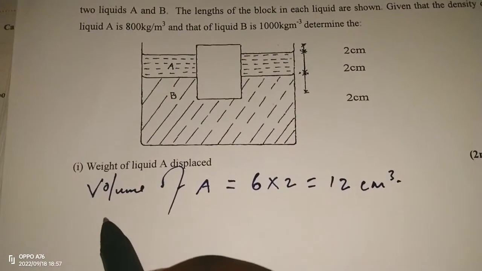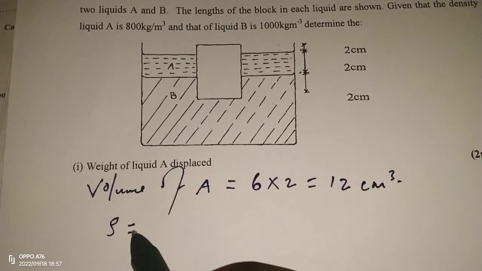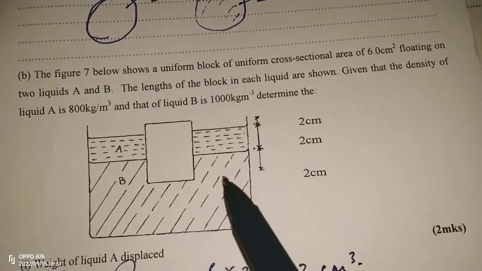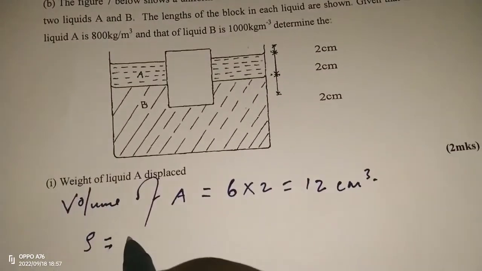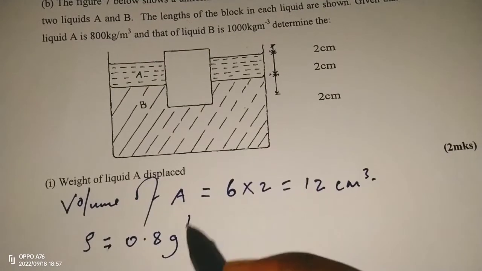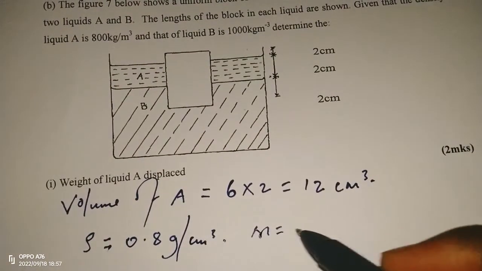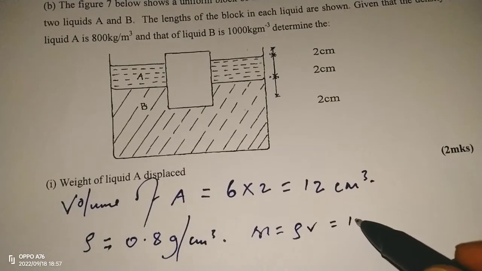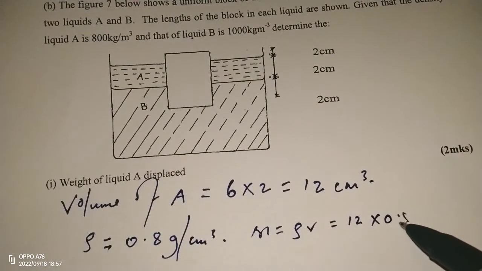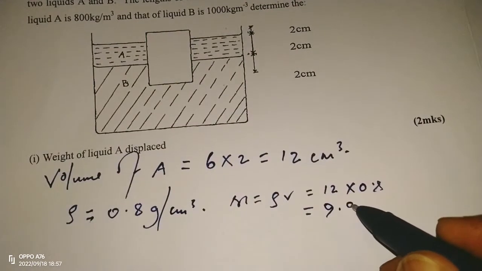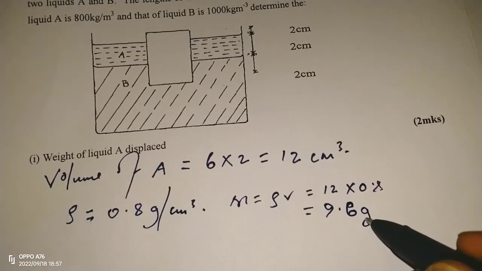Now we have the volume already. We can convert the density, because the density of A is 800, so we use 0.8 grams per cubic centimeter, which means the mass is density times volume. 12 times 0.8 is 9.6 grams.